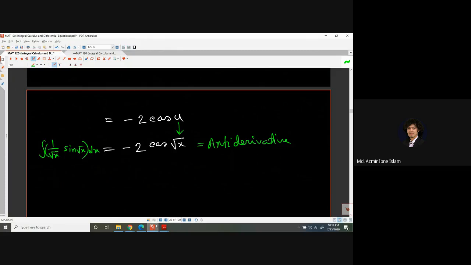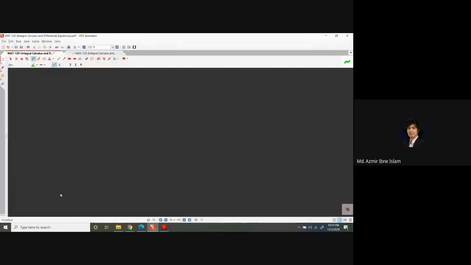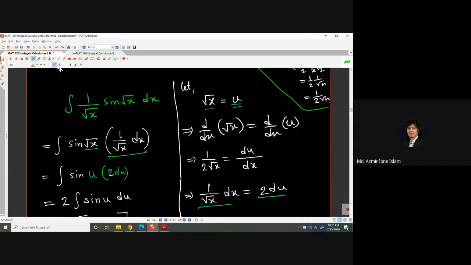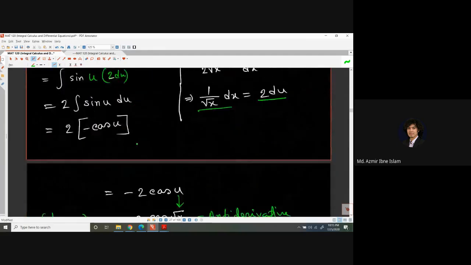Now, if you have in your question the lower limit and upper limit, lower limit is pi squared, upper limit is 4 pi squared, this will finally give us a finite value, that is area. Okay, so let's think about this lower limit pi squared and 4 pi squared.